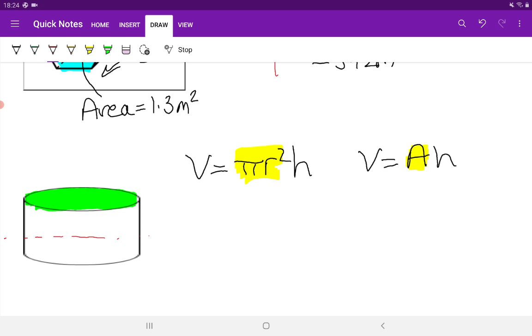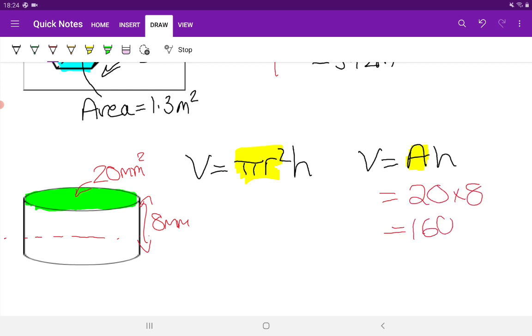So here, I could just tell you that the area of this circle is 20 square millimetres, and the height of the prism is 8 millimetres. And you could actually work out this formula, because I've given you the area and I've given you the height, so we don't need to worry about using pi r squared h.